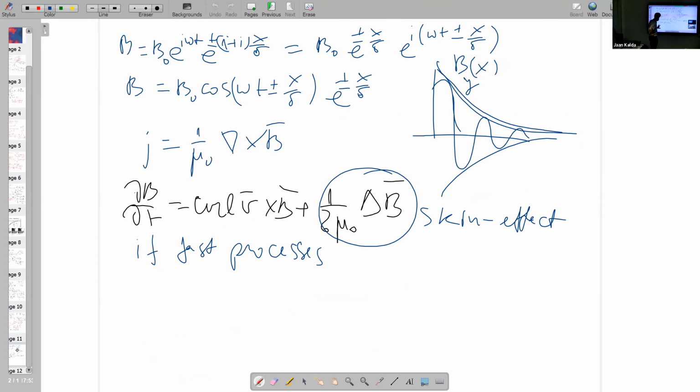And so if we have fast processes, so that the skin depth is very small, we can neglect this term here. We say that we neglect diffusion, and then we have only this part over here.